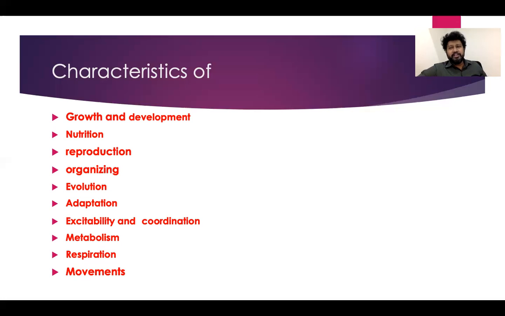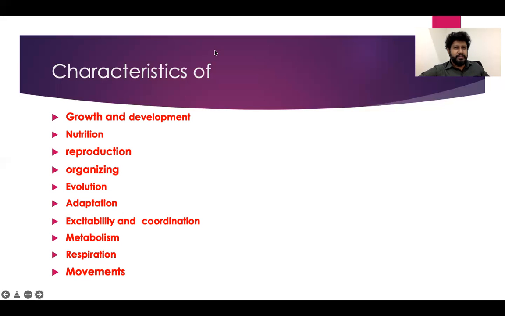Now we cannot see any dinosaur in this world, but we can still see fossils or ruins related to them, because evolution is happening, but due to natural catastrophes or some scenarios, species can vanish. Adaptation, coordination, metabolism, respiration and movements are also some other features.